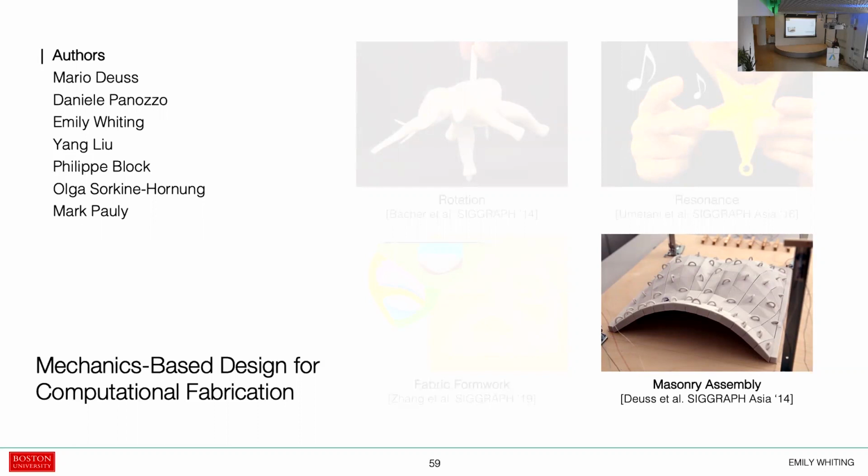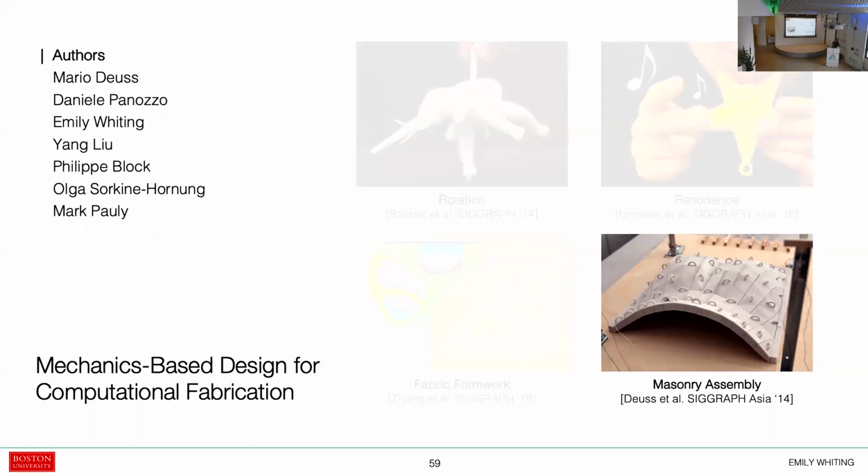This is looking at architectural examples where rather than a single rigid object, we're looking at an assemblage of parts. This project was presented at SIGGRAPH Asia in 2014 with authors Mario Deuss, Daniele Panozzo, myself, Yang Liu, Philippe Bloch, Olga Sorkine-Hornung, and Mark Pauly at ETH Zurich, EPFL, and MSR Asia.